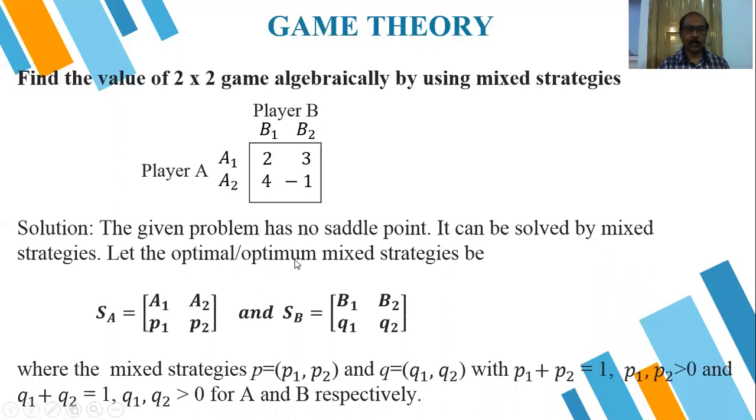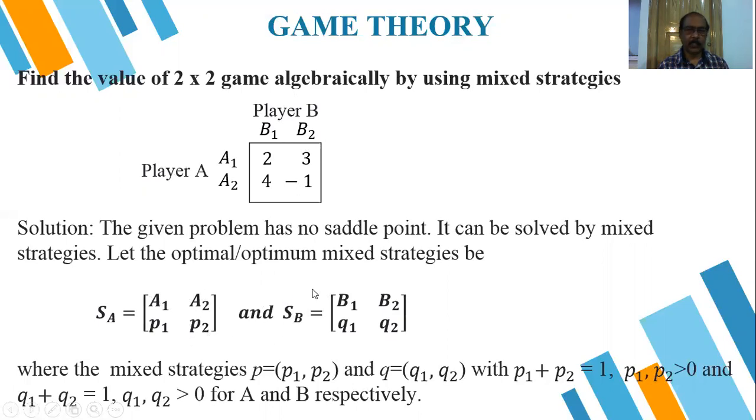Let the optimal mixed strategies be: A choosing the strategy A1 and A2 with the probability P1 and P2 respectively. At the same time, B chooses the course of action B1 and B2 with the probability Q1 and Q2. We can write it in this structure. SA means the strategy of player A, selecting A1 with probability P1 and A2 with probability P2.